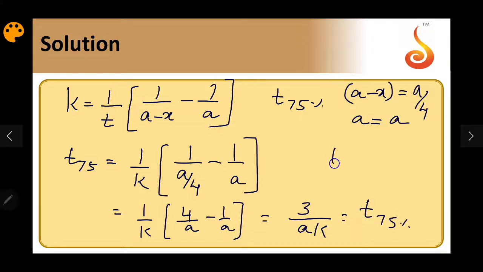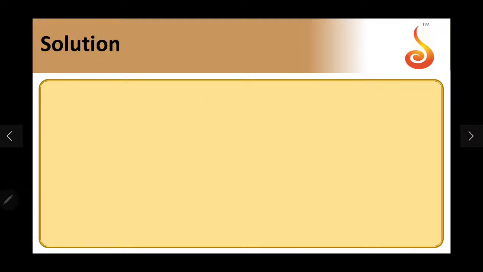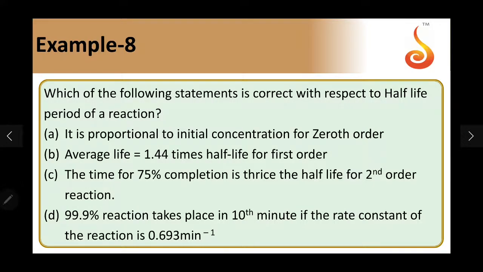But we know T half is 1 by A K. So you can clearly see T 75 is 3 times the half-life. So option C is correct. So this is correct. This is also correct.